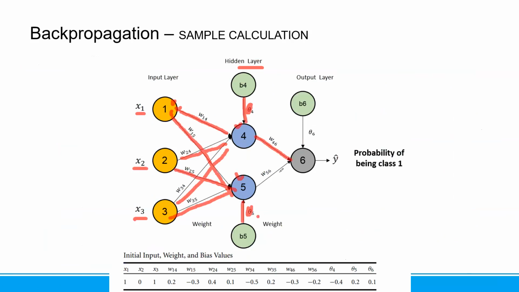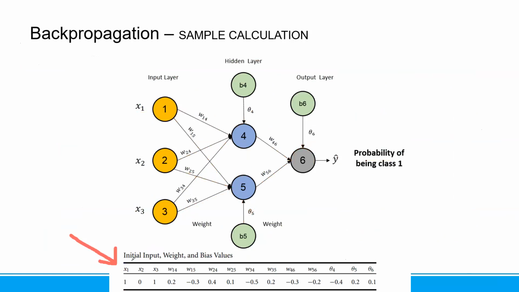We have another weight here, and we have theta 6. The last one is the probability of the class being equal to 1. So if you look at this, we can say that this is binary classification because we have only one unit.